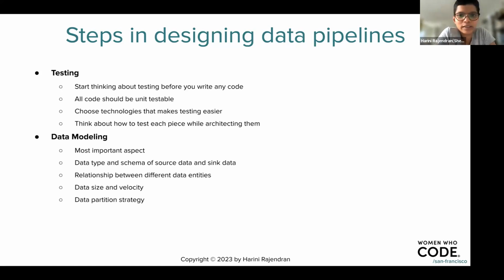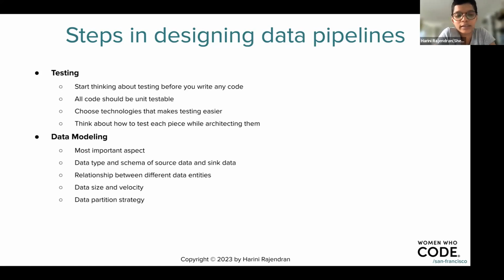This is also something that's generic. It's not specific to big data pipelines, but the next step, which is data modeling, is specific to data pipelines. This is very important, because you should have a clear understanding of the data that you are going to be working with in your data pipeline. What are the data types? What is the schema?